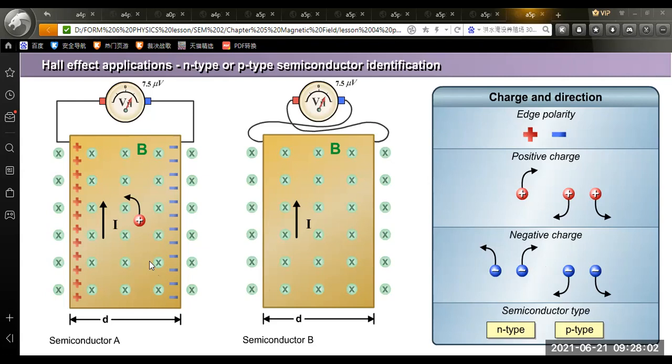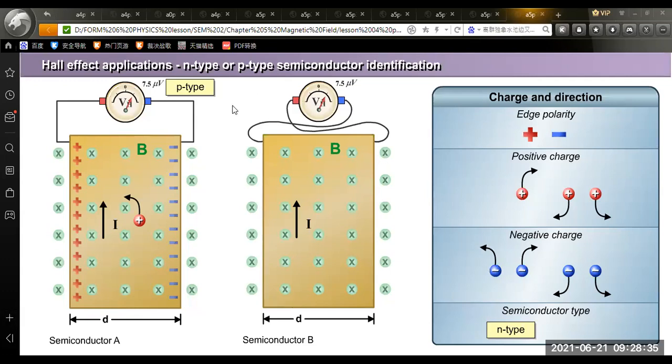The electron moves in the opposite direction, since it is negative. Okay, so this will be the P-type semiconductor.